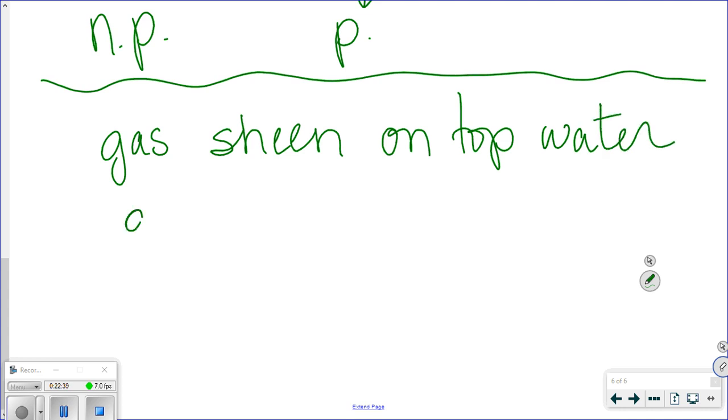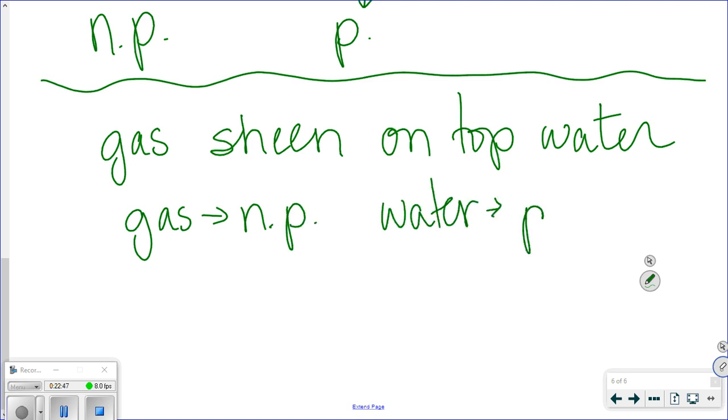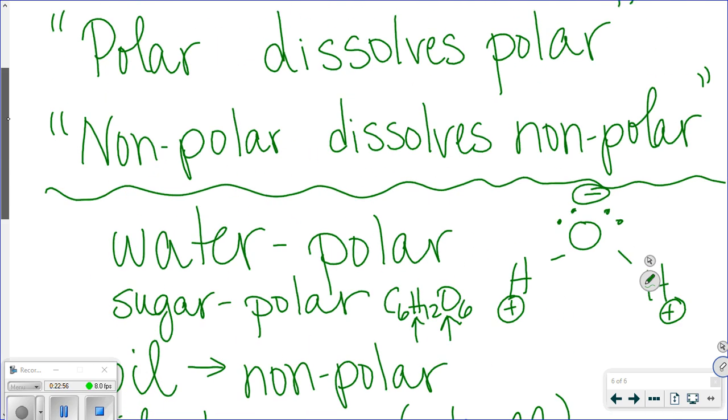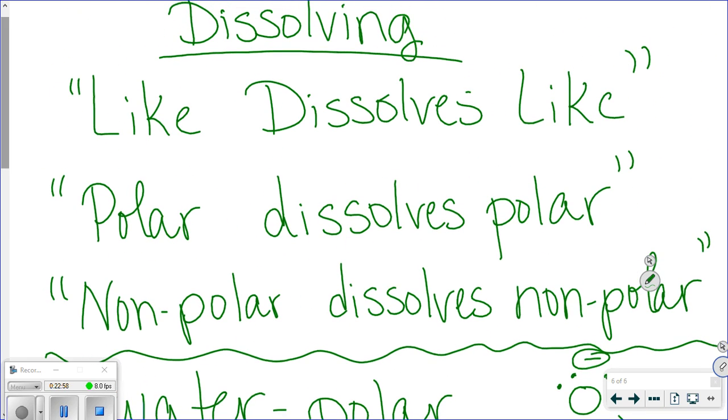Well, gas is nonpolar. Water is polar. They don't mix. Gasoline and water won't mix. Okay? So you need to remember the phrase, all the way back up, like dissolves like. Polar dissolves polar, nonpolar dissolves nonpolar.